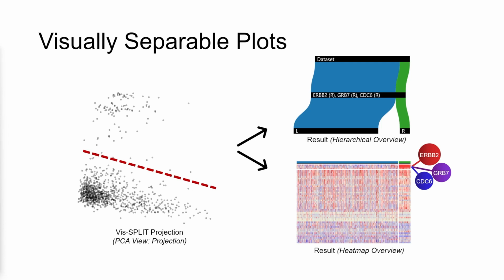Similarly, the heat map overview shows the new clusters and their genetic signatures, and is reorganized based on the decision. Clusters of individuals, shown as columns, are separated based on the partition, while the identified groups of genes, shown as rows, are separated and pulled to the top of the heat map. As the analyst continues to partition the data into smaller clusters, the differences in their genetic signatures will become more clear.